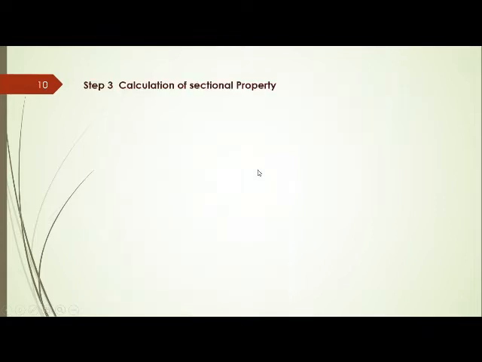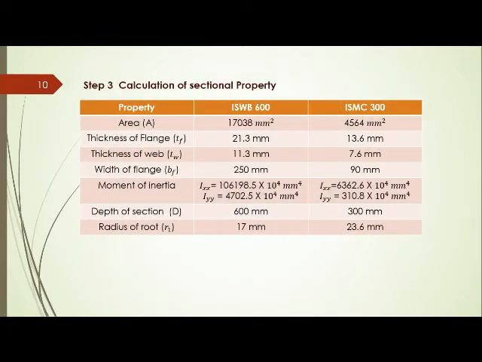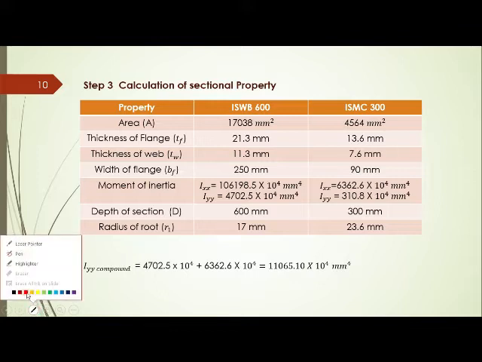Next we will go for the calculation of the sectional property. At the beginning, we noted the values of these two rolled sections from the sectional property handbook SP6 of the IS code. From this, first of all, we calculate the Iyy compound.